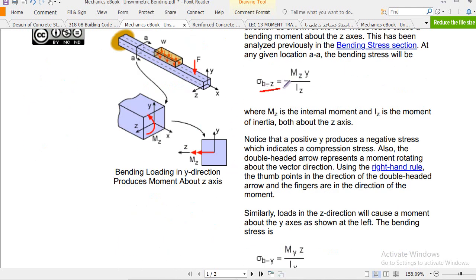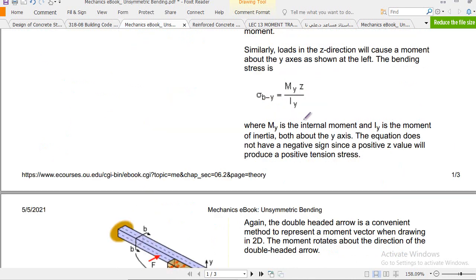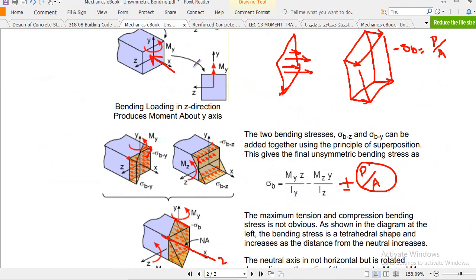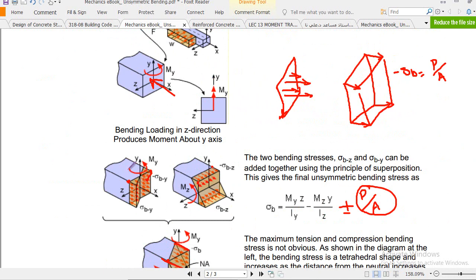About the z-axis, the stress distribution looks like this shape. The moment about the y-axis puts this portion of the section in compression and this portion in tension. But due to Mz, this portion will be in compression and this portion in tension.